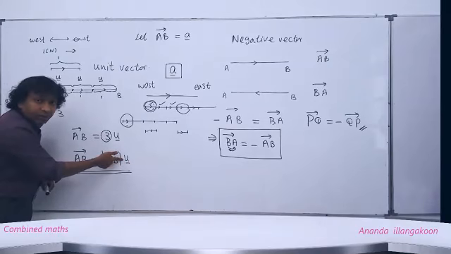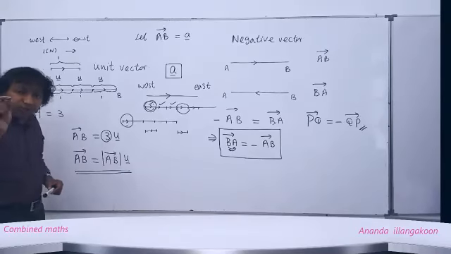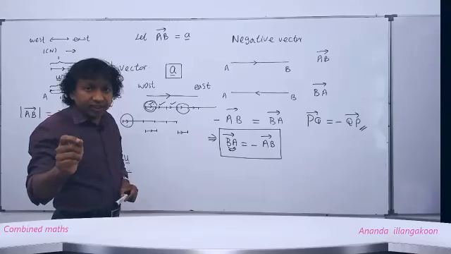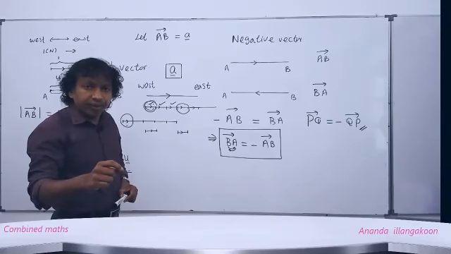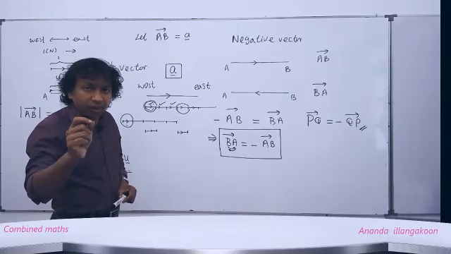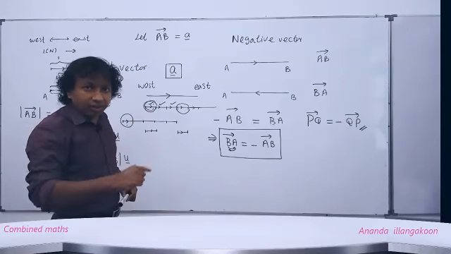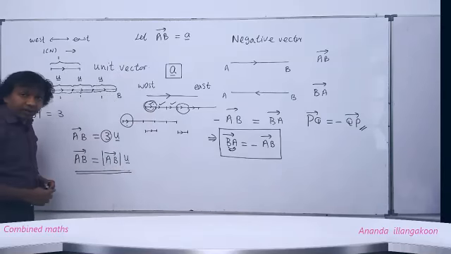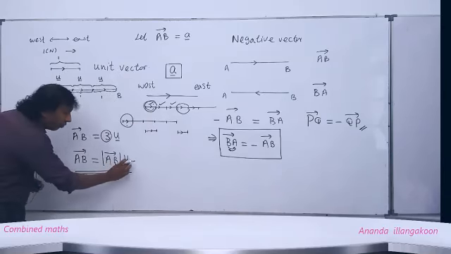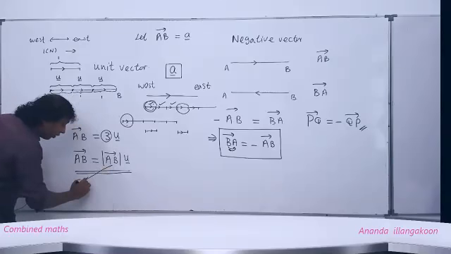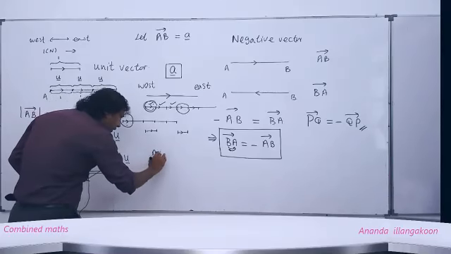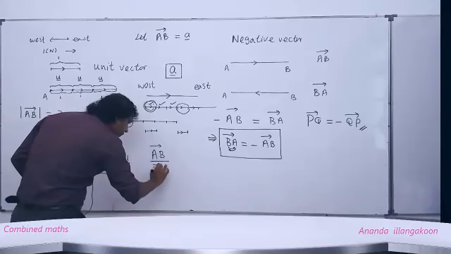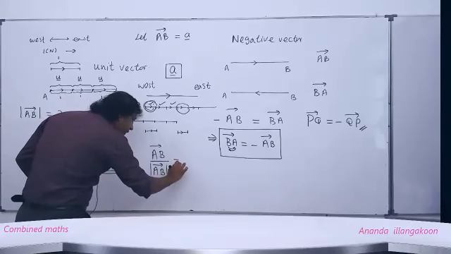If we need to find the unit vector along a given direction, we can use this equation. Taking the modulus to the left-hand side as denominator, I can write AB vector divided by its modulus as u.